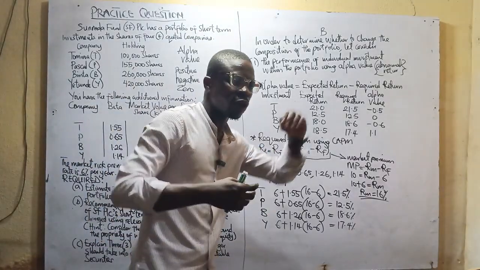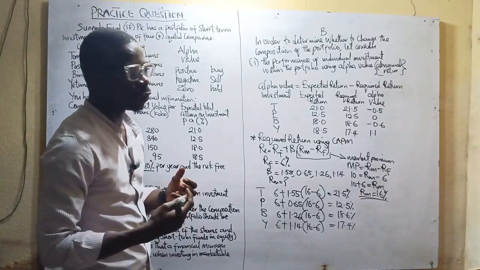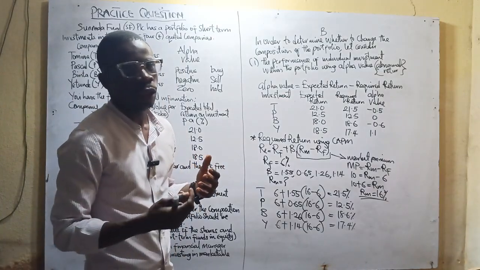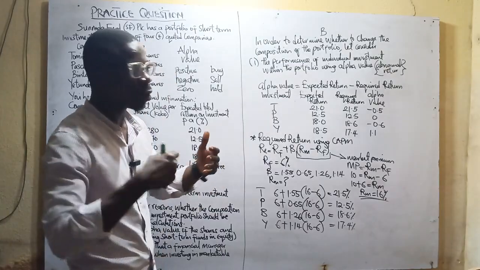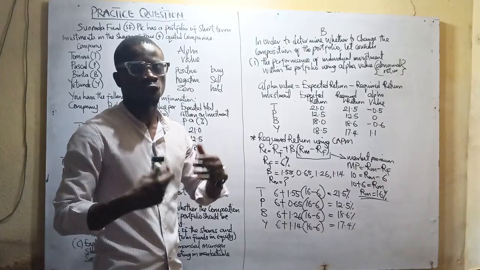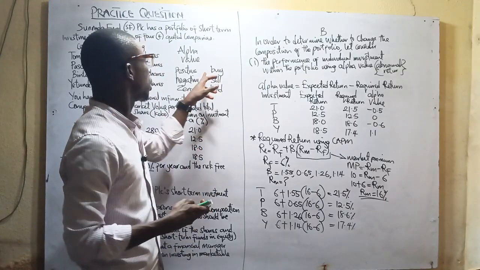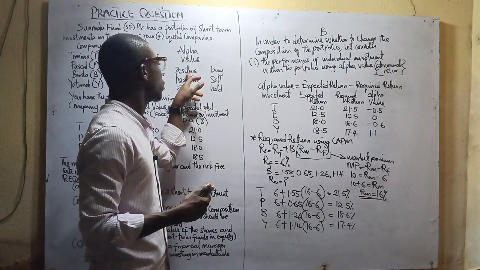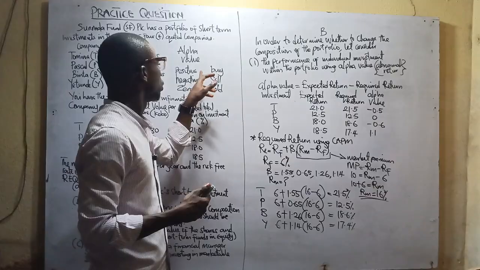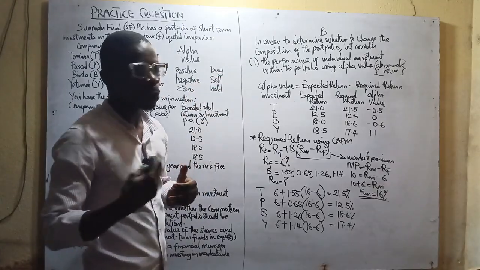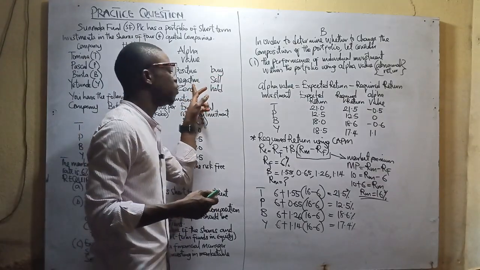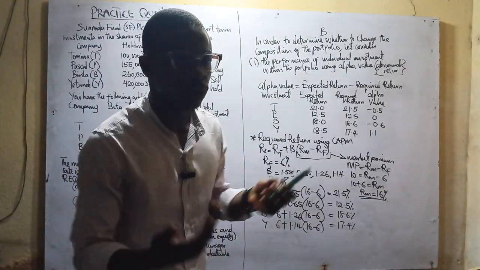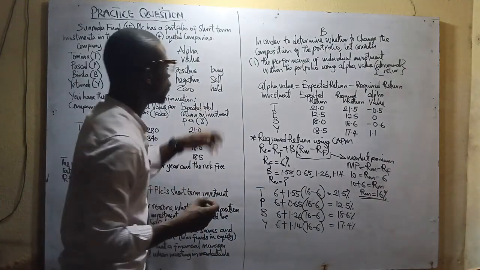When something is undervalued, something that is worth maybe 5 naira, but the price on it, let's say, is now 2 naira, that means it is undervalued. That means when your alpha figure produces a positive figure, you should buy. And when it gives you a negative figure, it means it is overvalued. When something is overvalued, you should sell it.